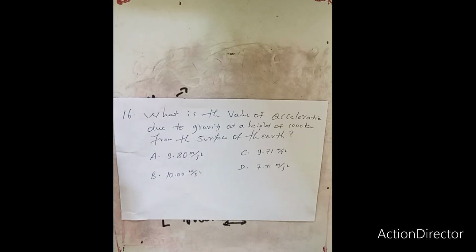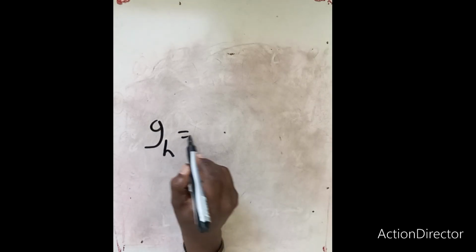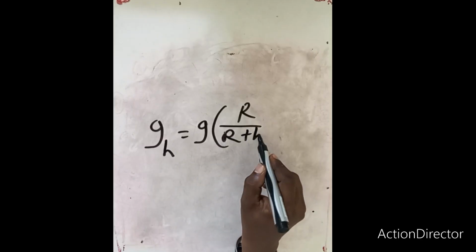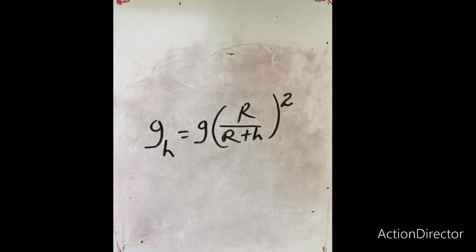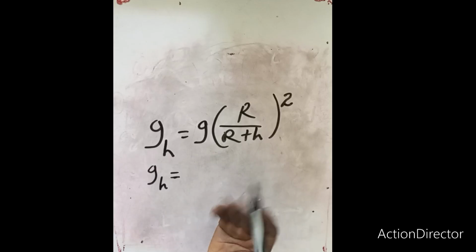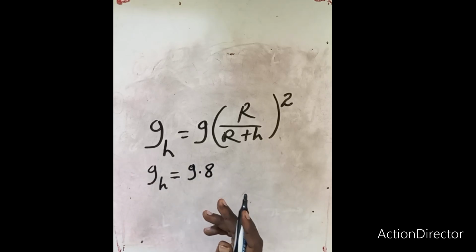So there is one common formula that is used for calculating this, and it is g of h equals g multiplied by R over R plus h, the whole square. So you can take the acceleration due to gravity either 9.8 or it can be 10. It's given in the first page.